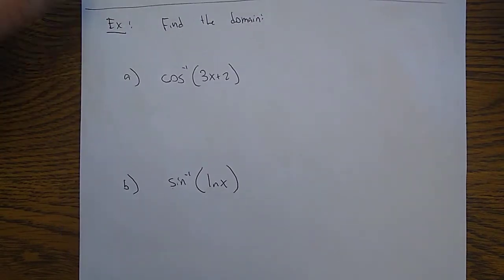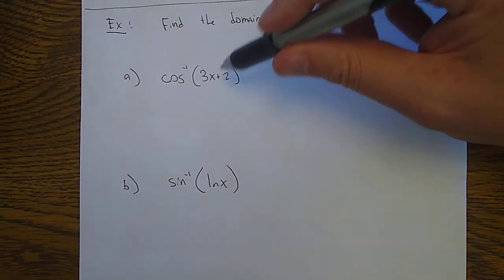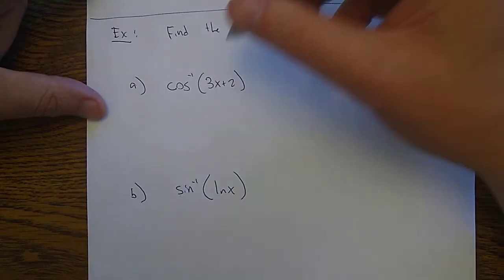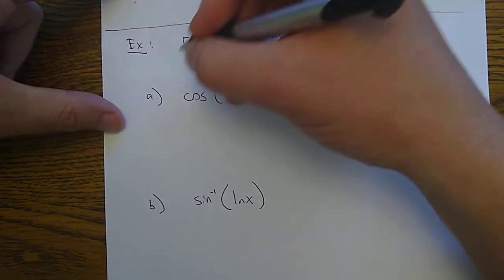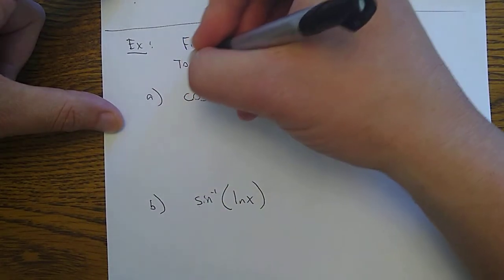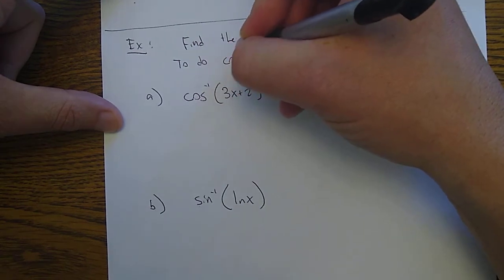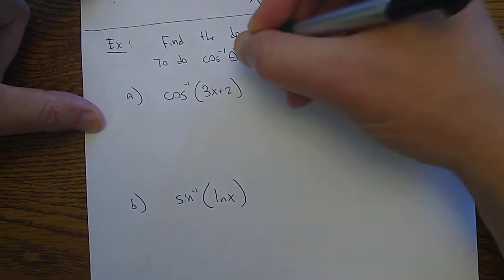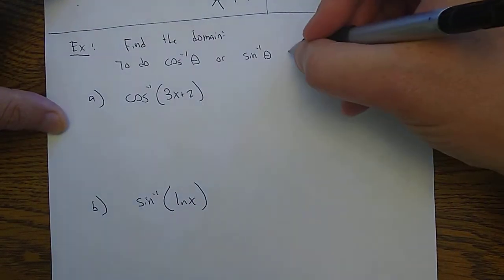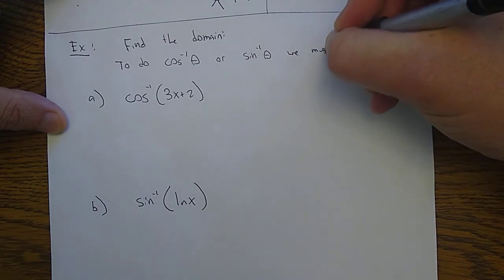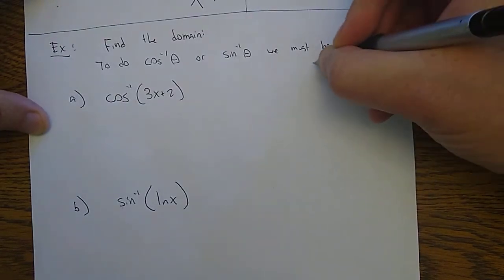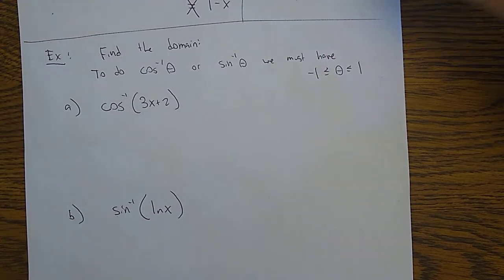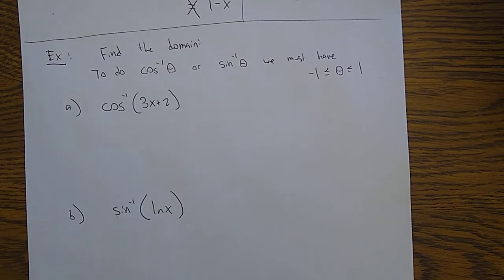Let me now just do a couple of domain questions. And the good information to have here is that in order to do arc cosine of something or arc sine of something, the thing we're doing the arc cosine or the arc sine of just needs to be between -1 and 1.